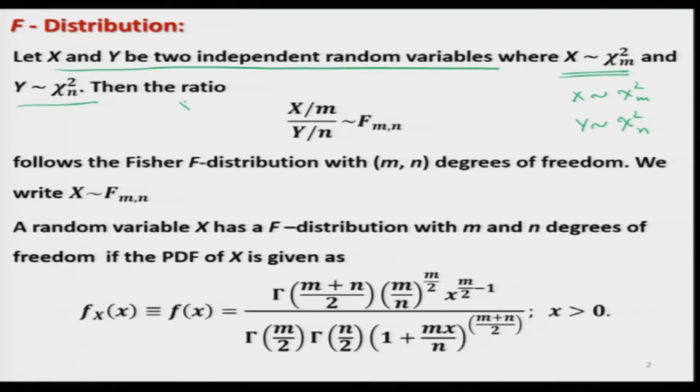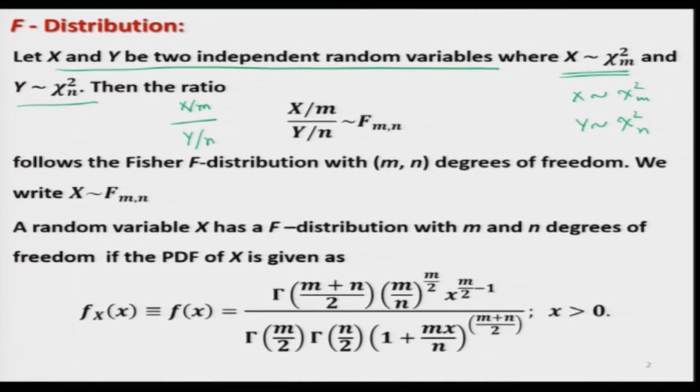You take the random variable x divided by its degrees of freedom, say m, then you take another random variable y, divide it by the degrees of freedom associated with it, and then take the ratio of both the quantities.